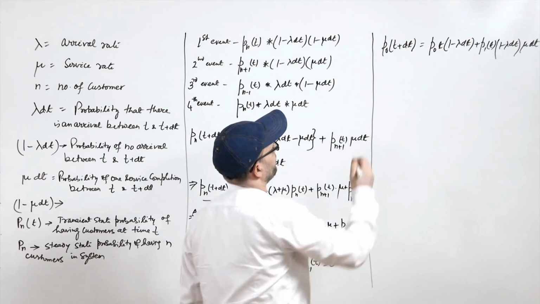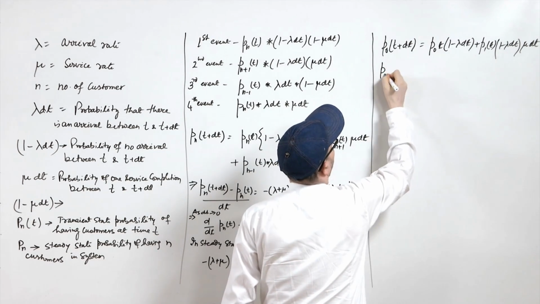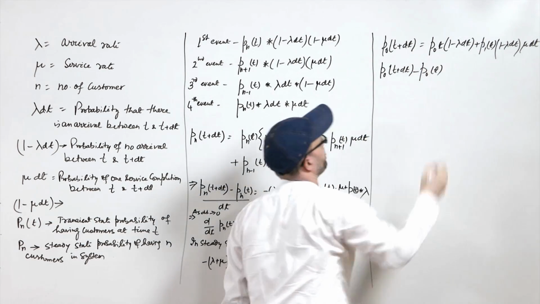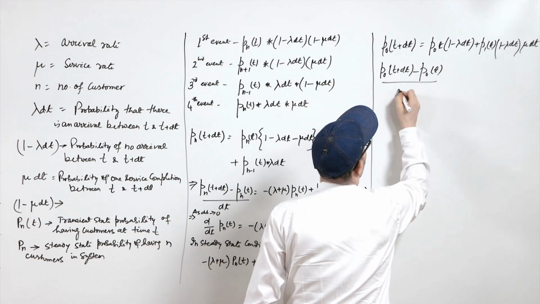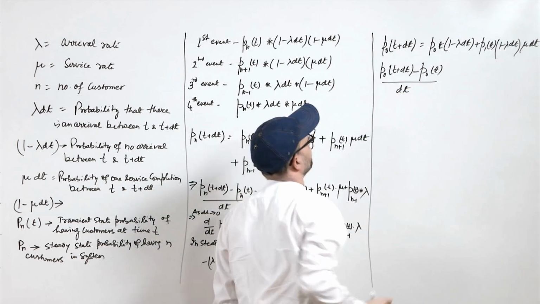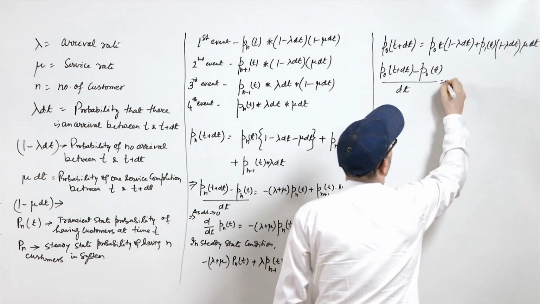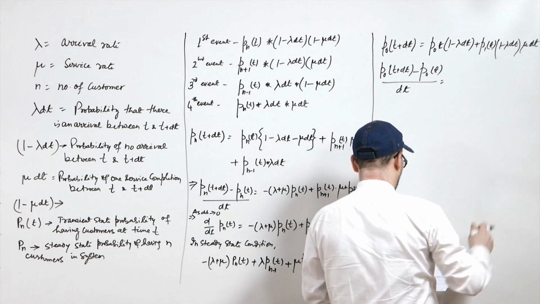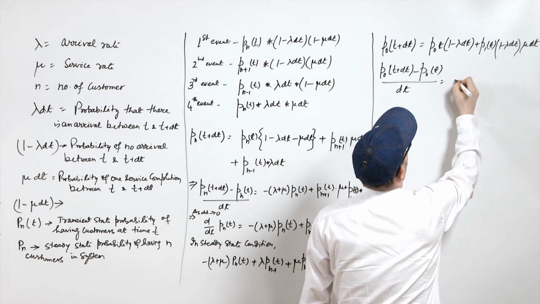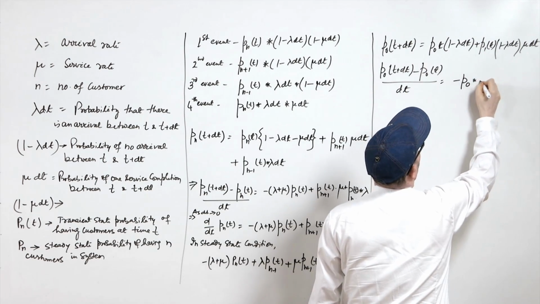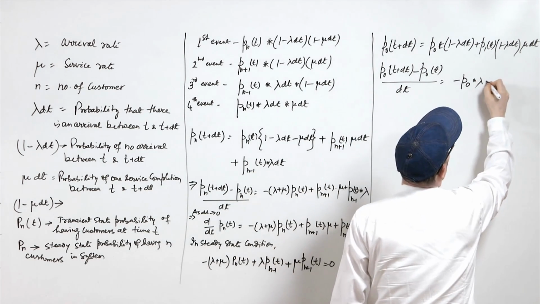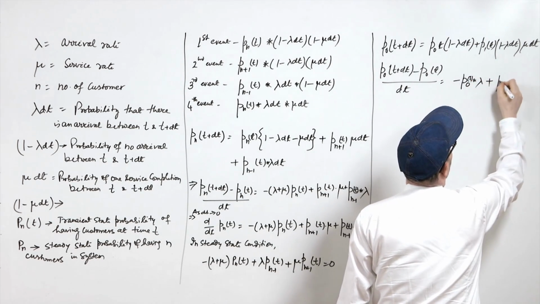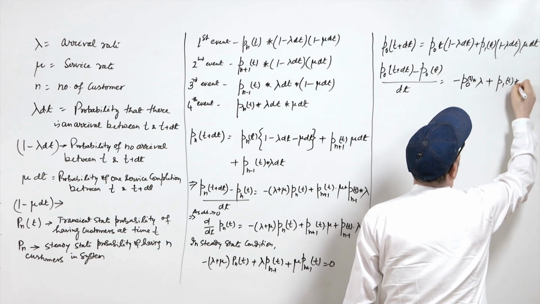So, in this case, P 0 (t + dt) minus P 0 (t), divided by dt, will come as minus of P 0 (t) times lambda, plus P 1 (t) times mu.